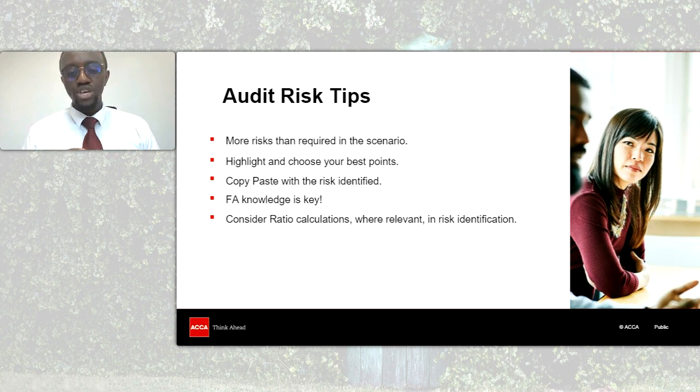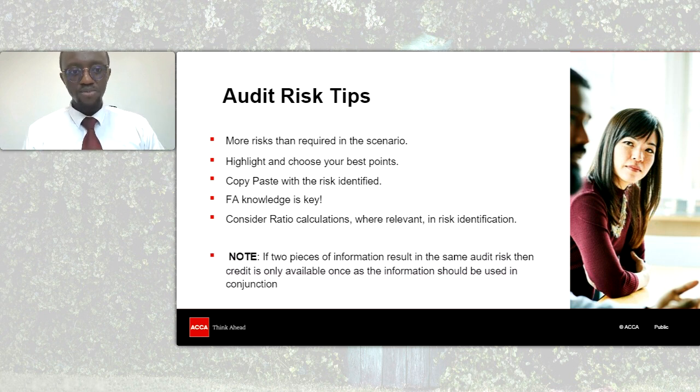So what I should do here is ideally ensure that both are captured, that it is as a result of the credit controller being absent that the receivables collection period increased from 40 days to 67 days. Therefore, this indicates a possible risk of overvaluation of receivables.